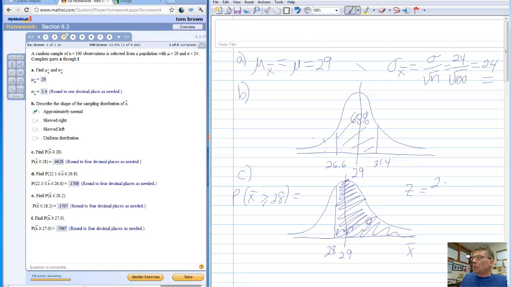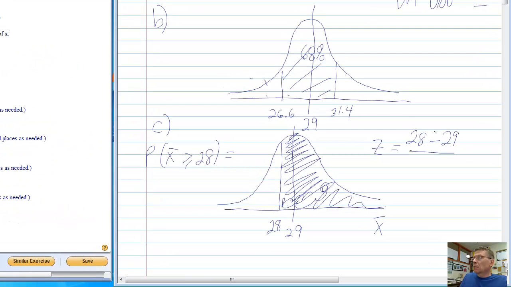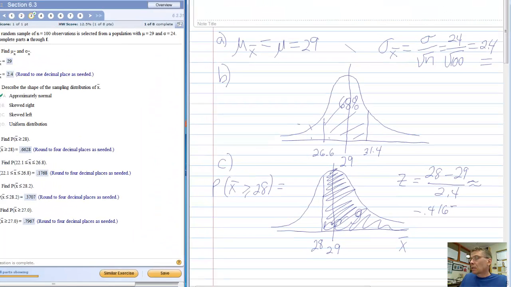We do that simply by using this formula. We take the value that I'm interested in, which in this case is 28, subtract the mean, which is 29, and divide by the standard deviation, which is 2.4. If I do that calculation, I get a value which is approximately minus 0.4167.